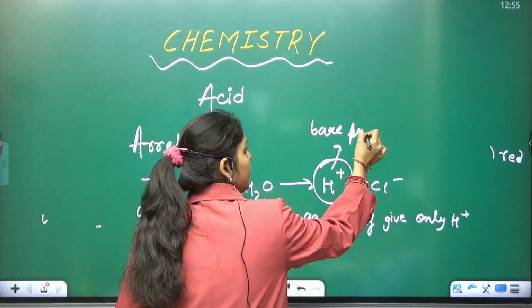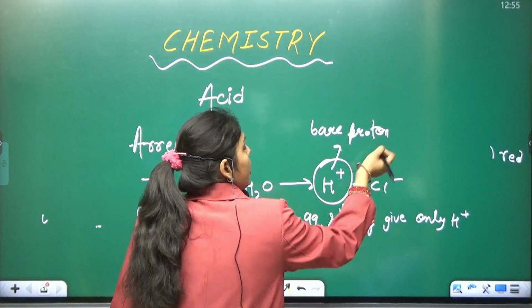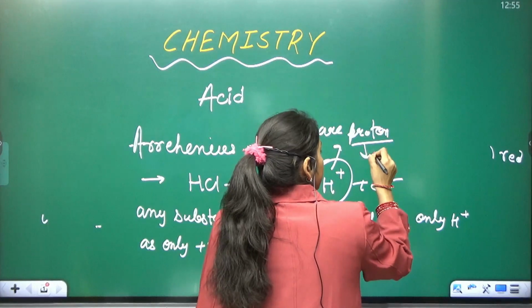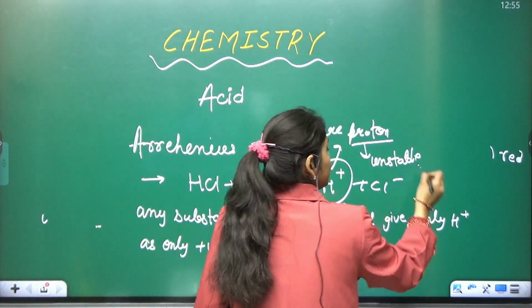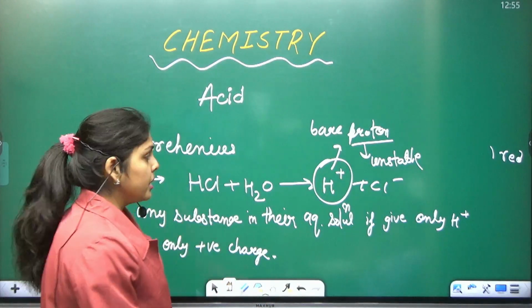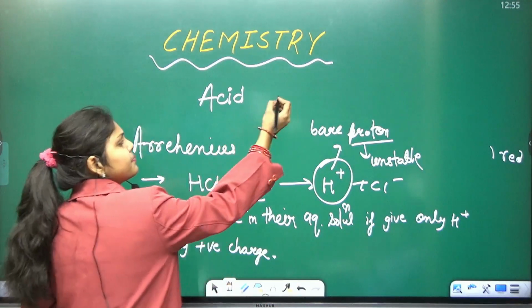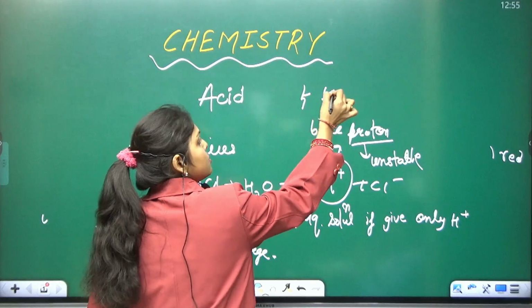Why? It is very unstable. And the reason behind it: we all know that the atomic number of hydrogen is 1.